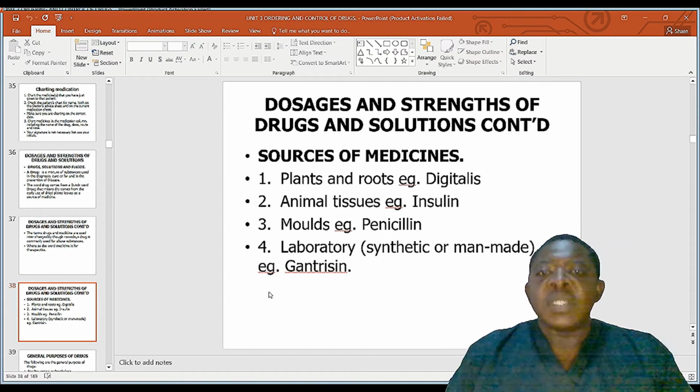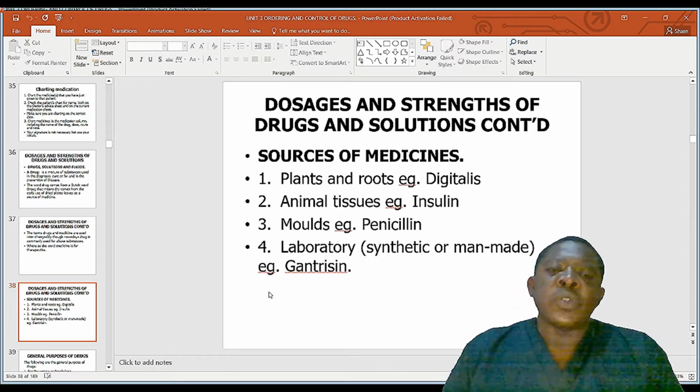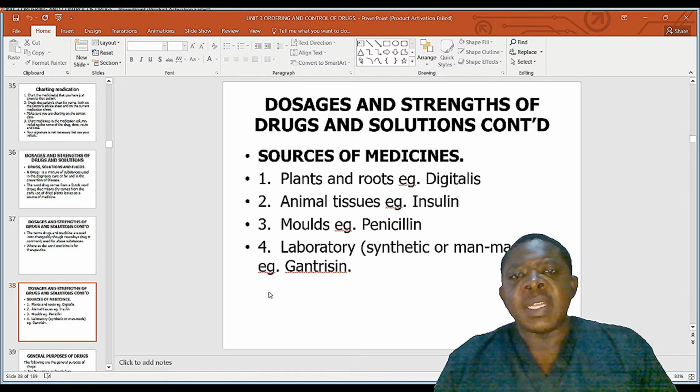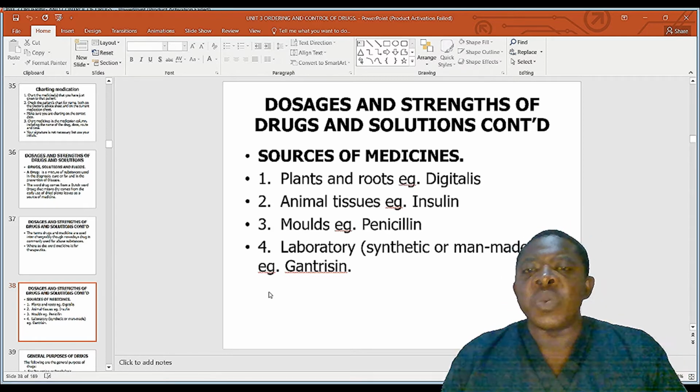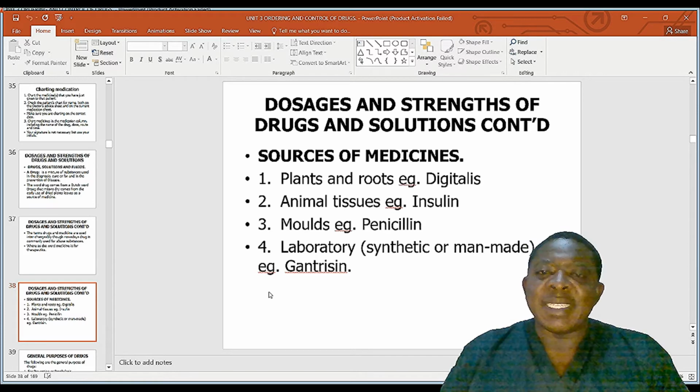Sources of medicines. Here there are four sources of medicines that we talk about within this lesson. That includes plants and roots. For instance, the drug digitalis comes from plants, foxglove.